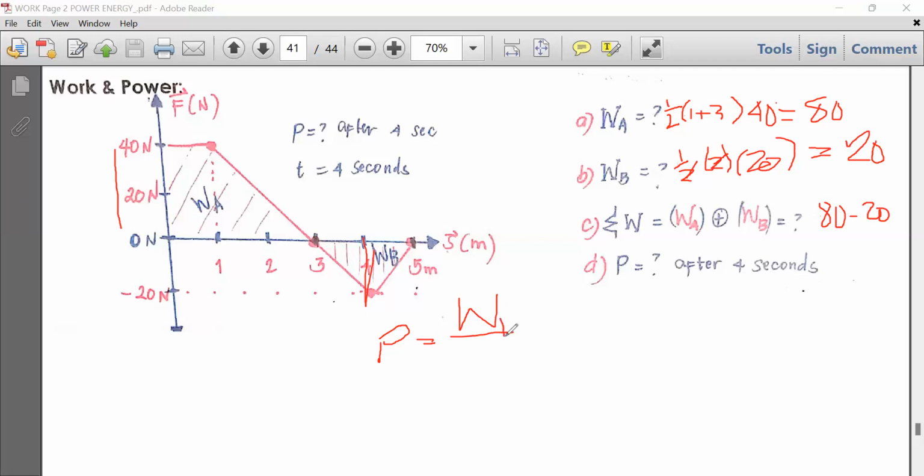The total work is 80 minus 20, which is 60 joules, and time is 4 seconds. So 60 divided by 4 is 15. The power is 15 watts.